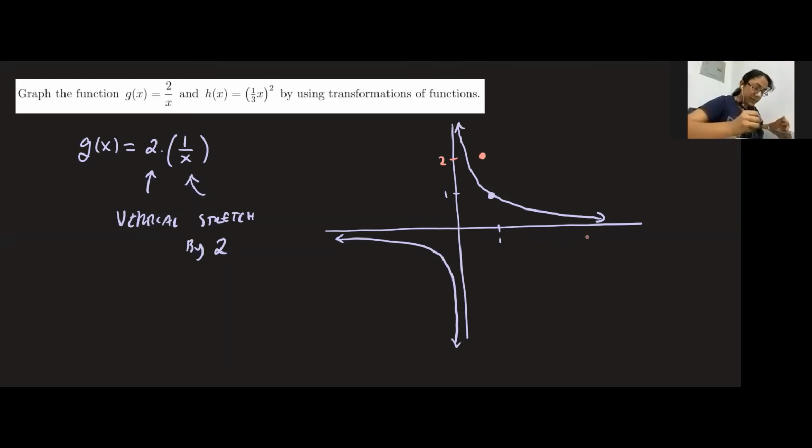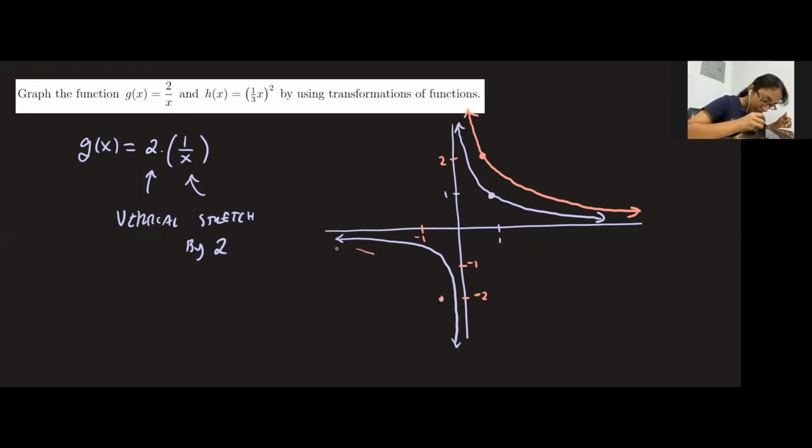And then we just maintain the same shape. So our graph would look something like this. And then same thing on the other half. If I have (-1, -1), that point is also going to get stretched by 2. So the point will lie at (-1, -2).